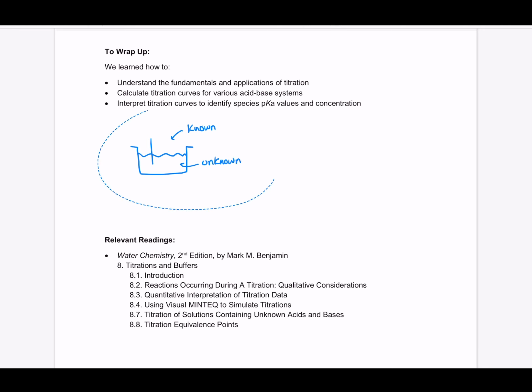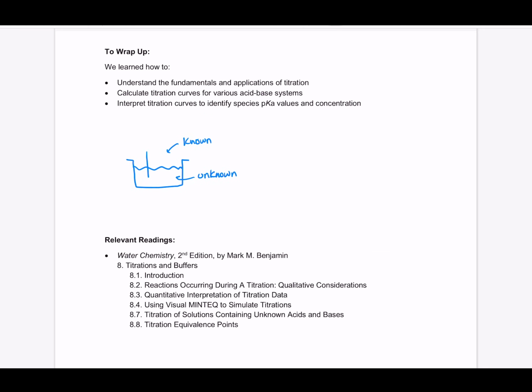And then you were able to interpret the data, which is the trace of pH as a function of how much H+ or OH- was added, to look at the total concentration and also the pKa of the species you have.